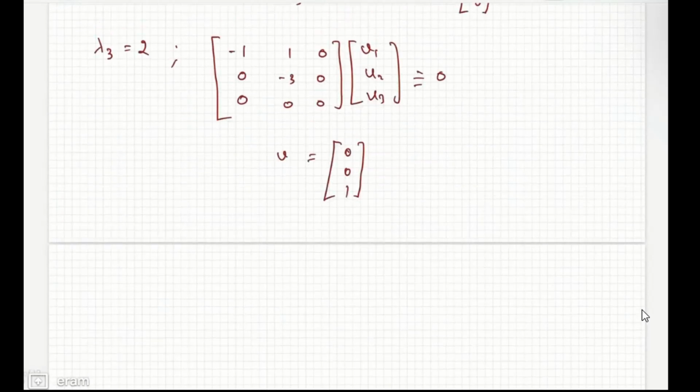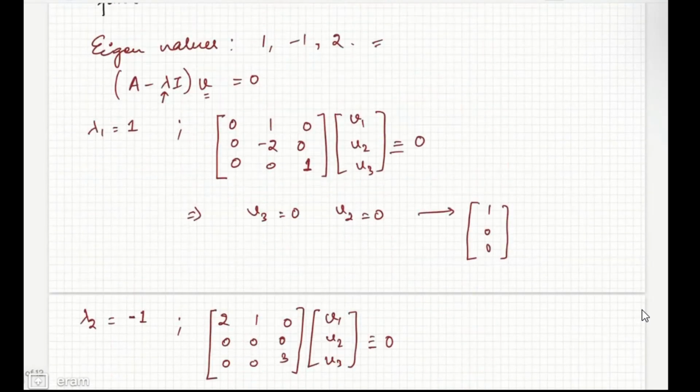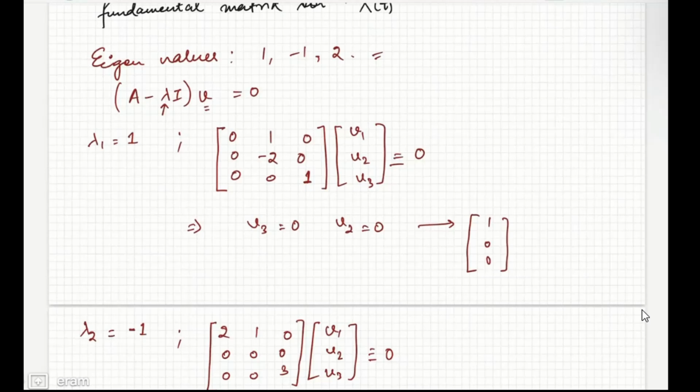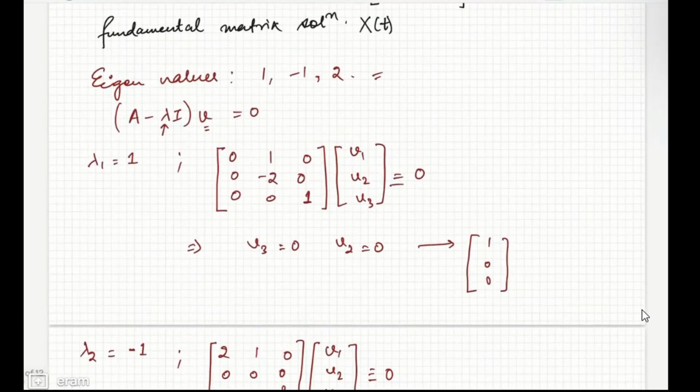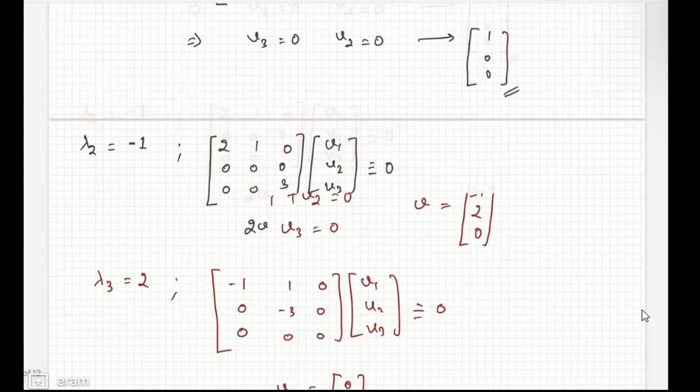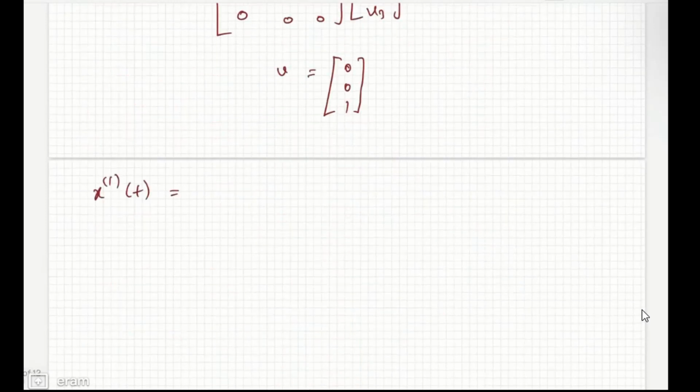So what are the solutions? Solution basis 1, for lambda equals to 1, we have v as 1 0 0, so it is e to the power t times 1 0 0.